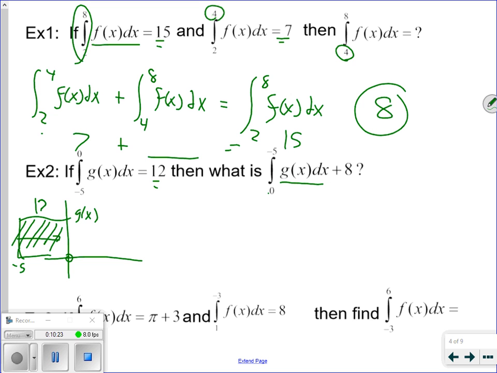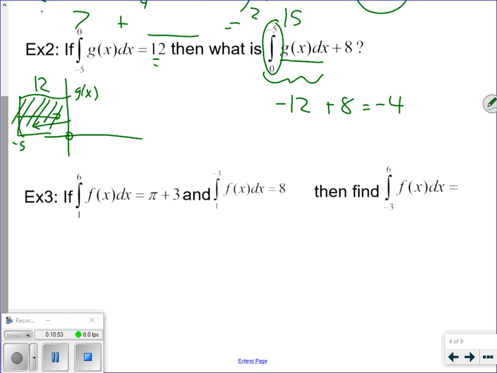That's equal to 12. Well, going backwards is the same area, so we're going from 0 to negative 5, but it's negative. So this right here is the same thing as negative 12 plus 8, which is equal to negative 4. So that's what that means. Okay? That's a directional thing. Originally negative 5 to 0 is 12, but going backwards would be negative 12.